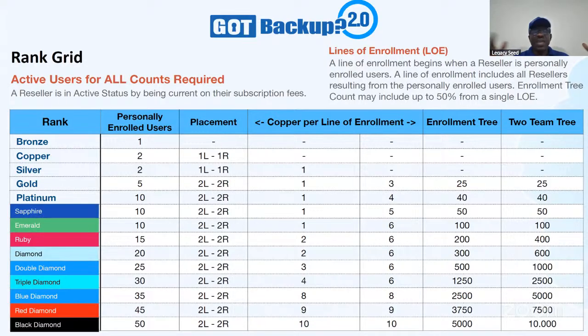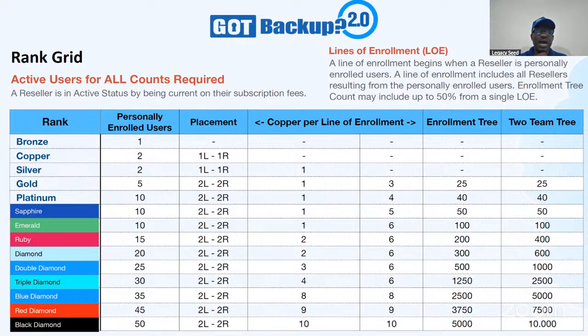Then, if any of the people you have brought in becomes a copper, you become silver. Or if any of the other people that they brought in becomes a copper, you become silver. And then gold, you need to bring in 10 personal people and build your network, and so on and so forth. But you grow up the rank.